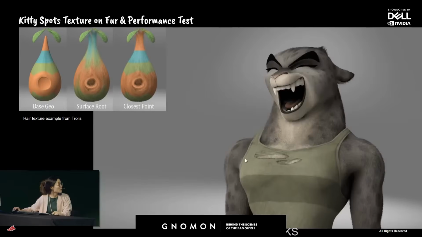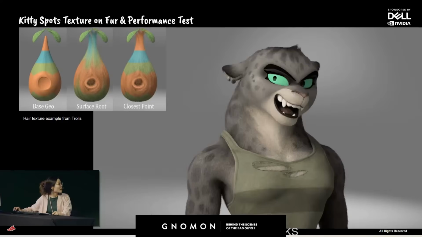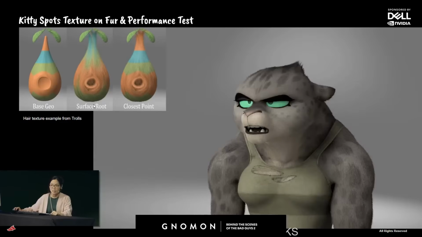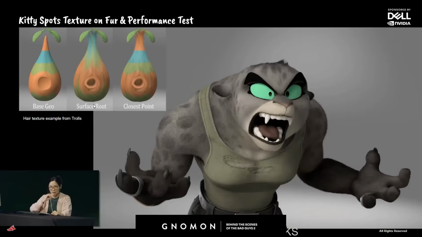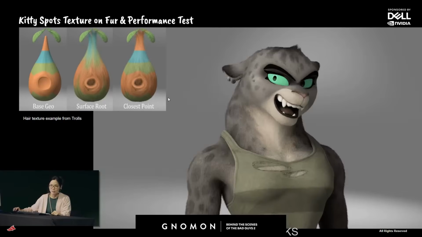So for Kitty, it needed to be a blend of the two, so you can get the accurate rake marks in the spots but still have it look organic. Some people might ask, why can't we just use the closest point method? It does the job, right? You want the spots accurate.